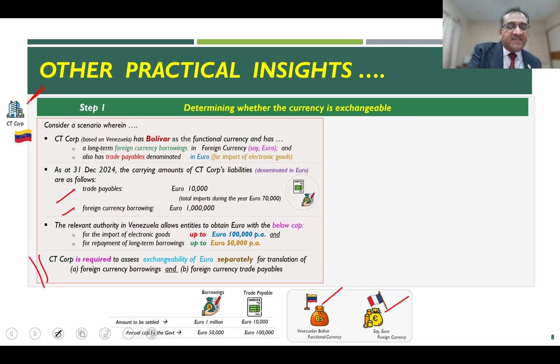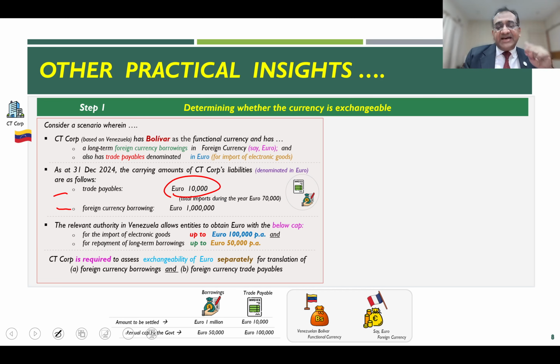Therefore, Citicorp will be required to assess the exchangeability of euro against the Bolivar separately for these two, because the purposes are different. In this case, there are two purposes. One is making payment to the creditors to the extent of 10,000 euro, and the other is the repayment of the foreign currency borrowing, which is euro 1 million in this case.